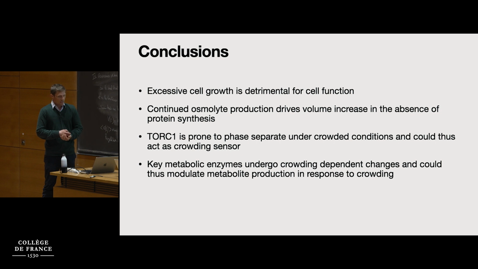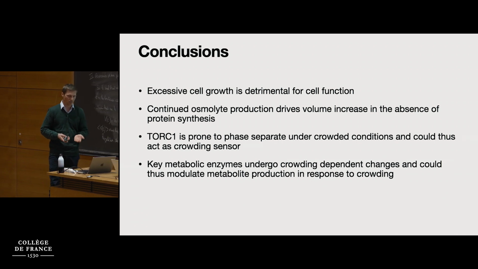And with this, I'm at the end. I'll briefly recap. In the beginning, I showed you that excessive cell growth is detrimental for cell function, and that this uncoupling of cell volume increase and protein production can be explained by an uncoupling of protein production from osmolyte accumulation and metabolic activity.